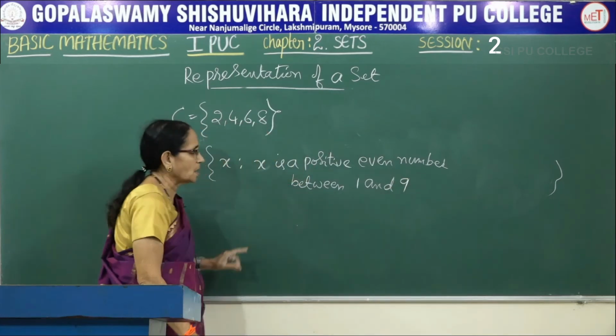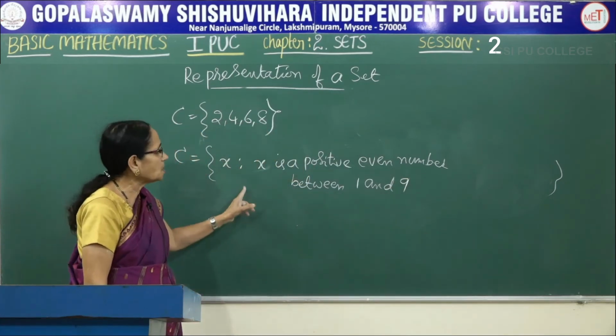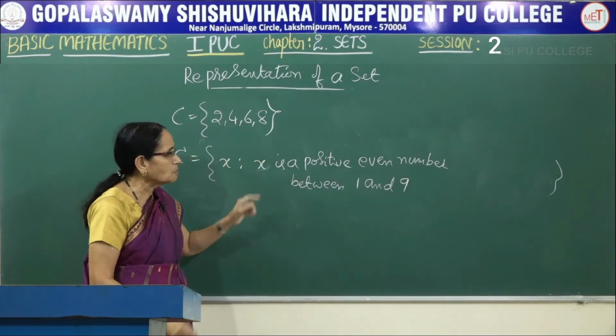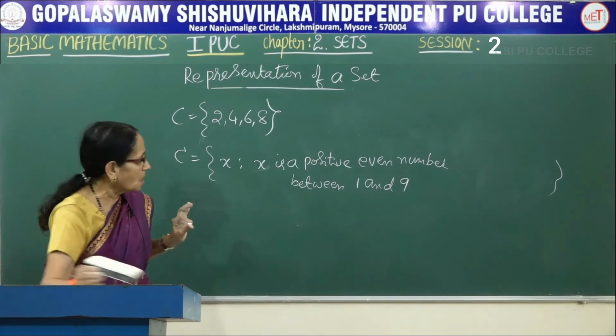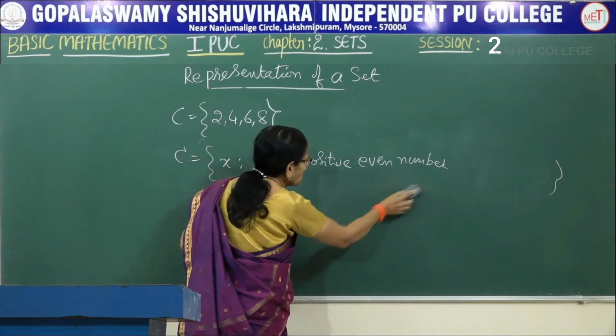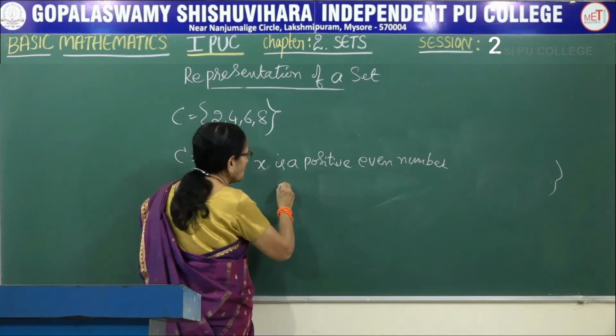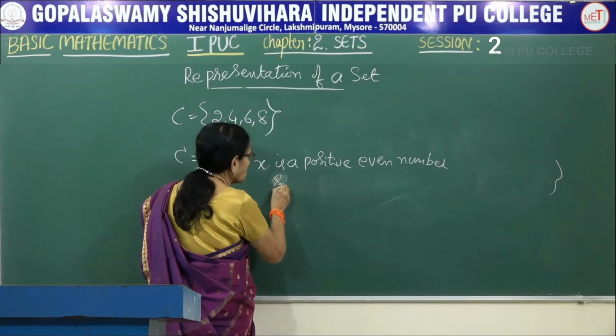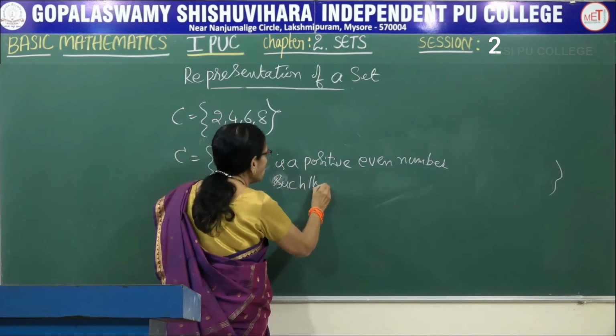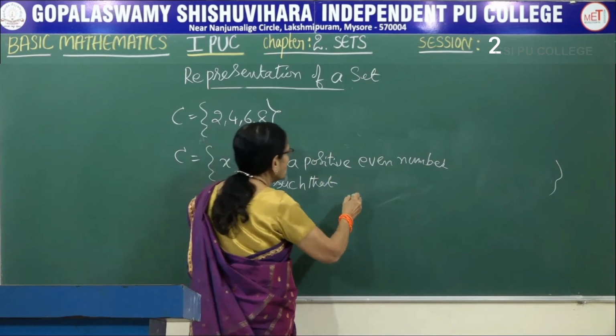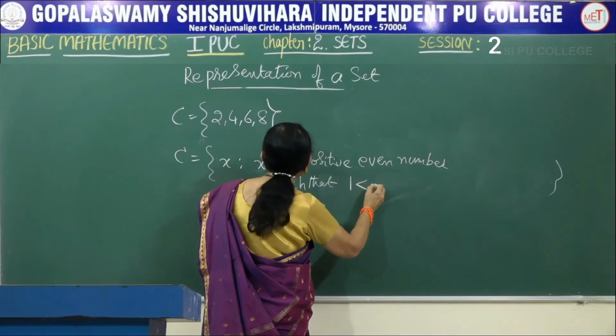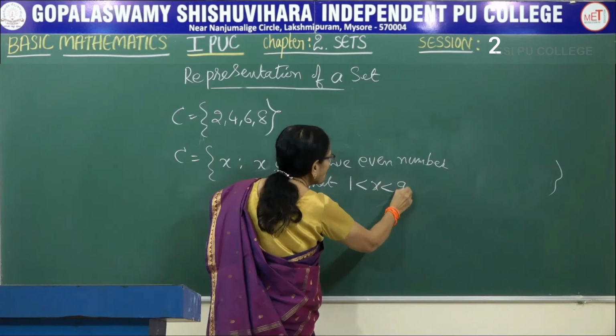Between 1 and 9. Like this you can write x is a positive even number between 1 and 9, or you can write like this also: x is a positive number such that 1 less than x less than 9.